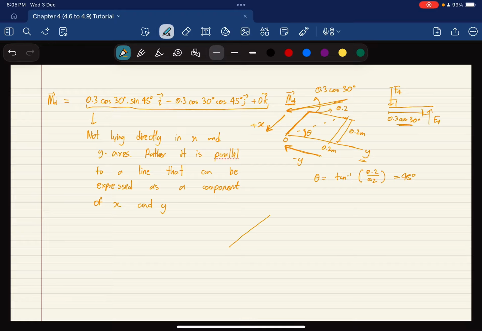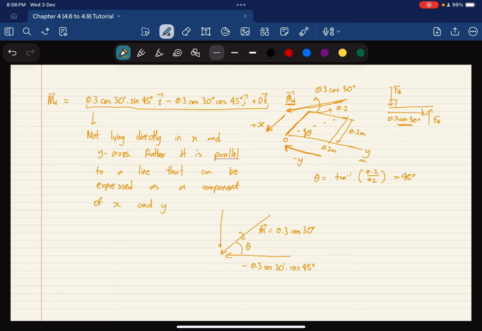So this is basically your moment vector, which is just 0.3 cosine 30 degrees, going in this way. Then you want to resolve it into its x and y components. It becomes negative 0.3 cosine 30 cosine 45, because we make an angle theta here.